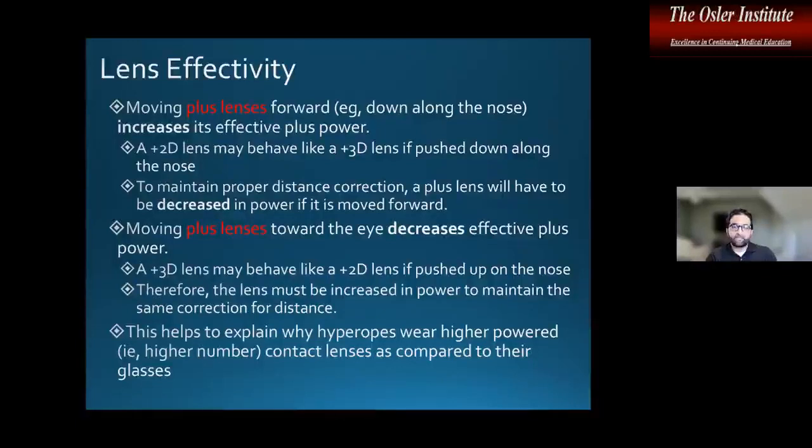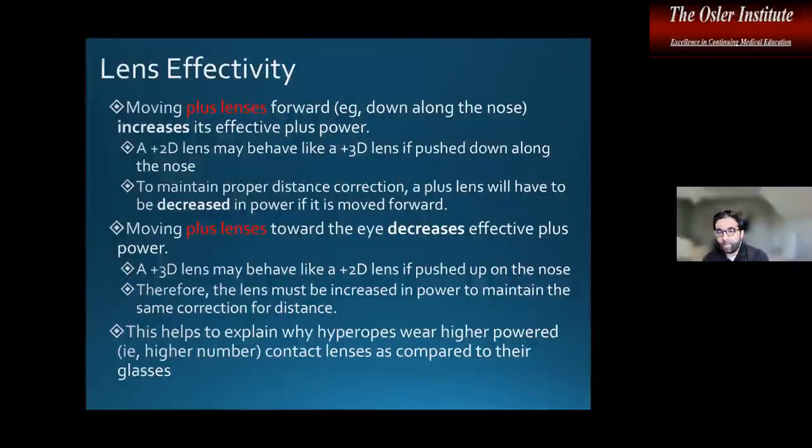But a plus lens, if we move it towards the eye, decreases its effective plus power. So a +3 diopter lens, if you shift it closer to the eye, is going to function like a +2 diopter lens. Therefore, the lens must be increased in power in order to maintain the same correction for distance.